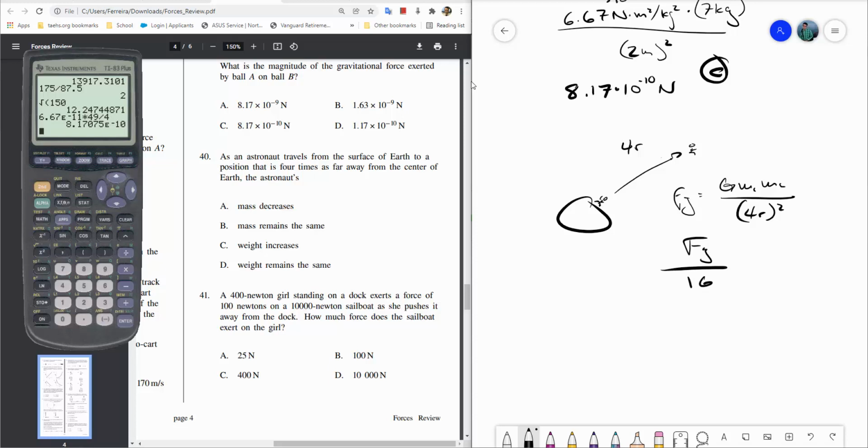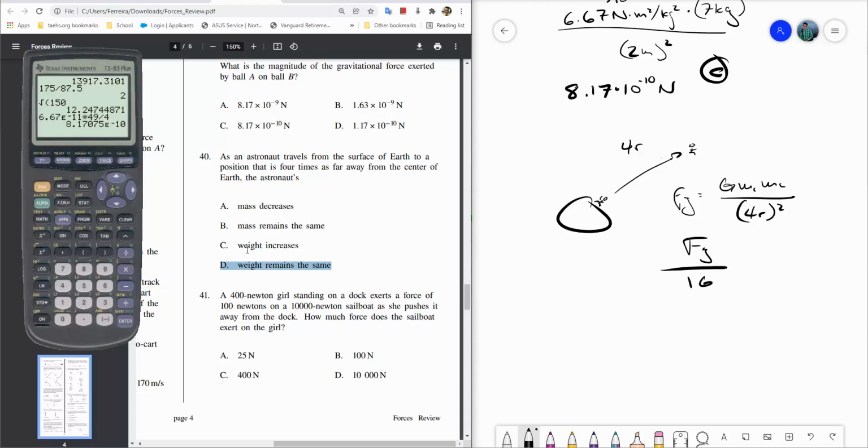But that means the choice is not listed. Your weight drops by 1/16. Your weight does not increase, nor does your weight remain the same. However, let's take a look at our mass. Your mass has not changed.